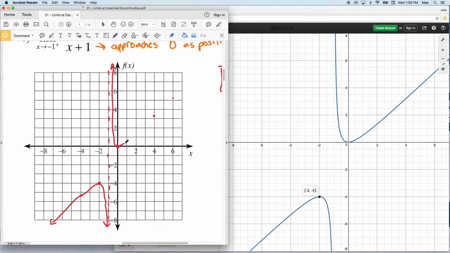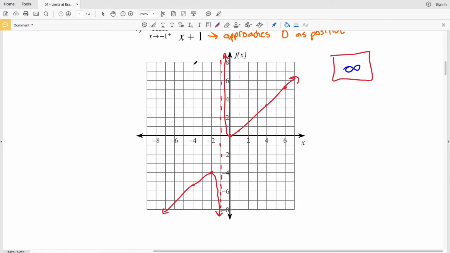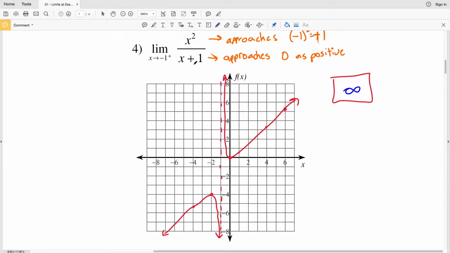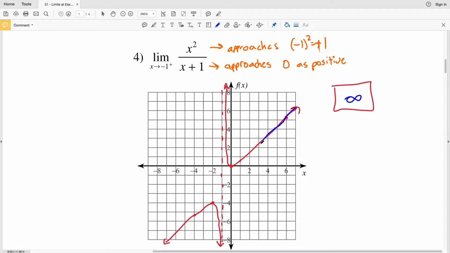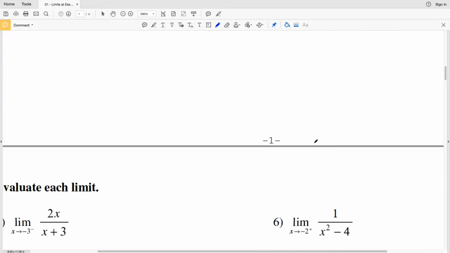So then I'll connect those points with a curved line. So there is our plotted graph in number 4, and let's double check our limit. As x approaches -1 from the right, our function does indeed grow towards positive infinity. Now let's move on to the second page.